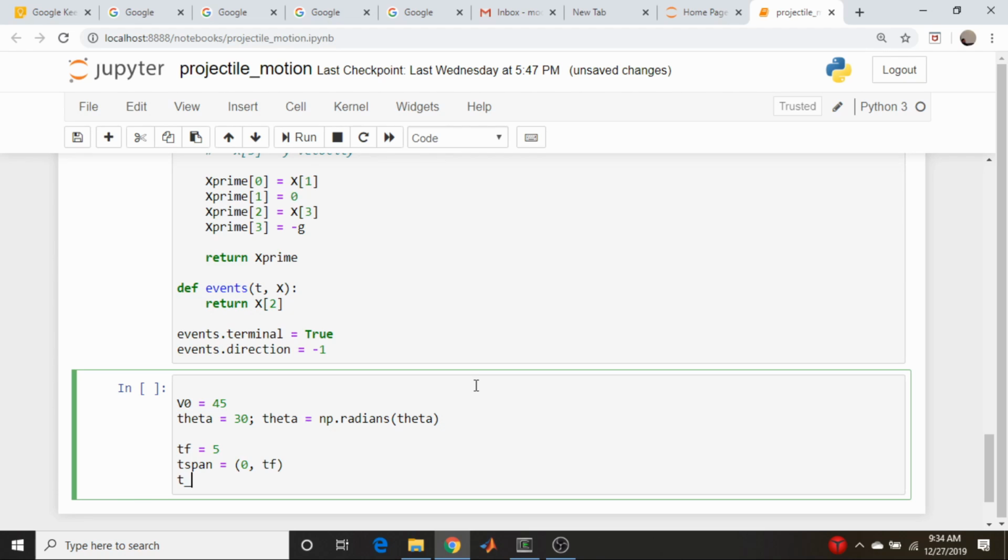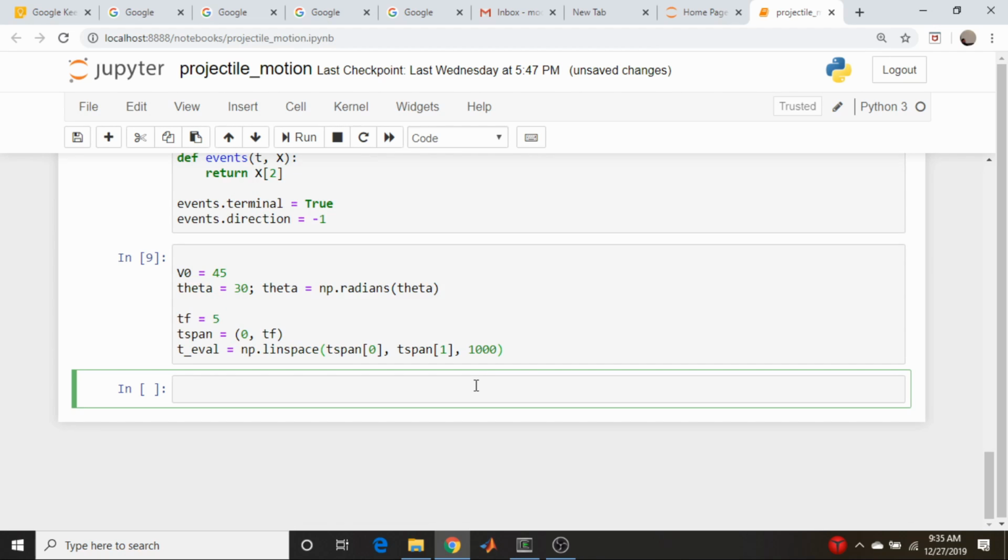And let's do a t eval. That's going to be the times that it evaluates, the points that it gives us back. So let's do that as np.linspace, t-span 0, t-span 1, and I'm just going to pick 1,000 points.